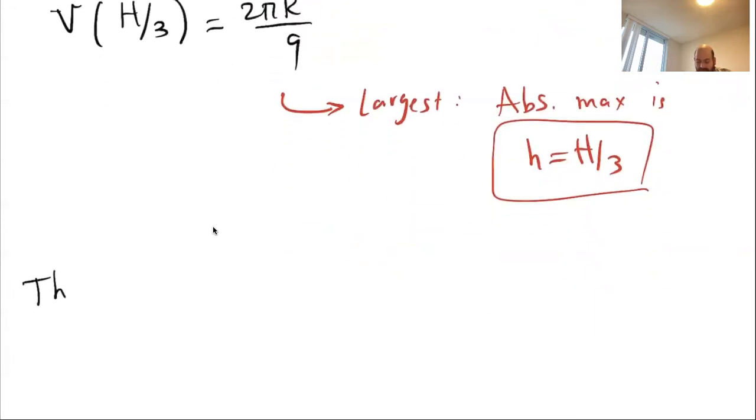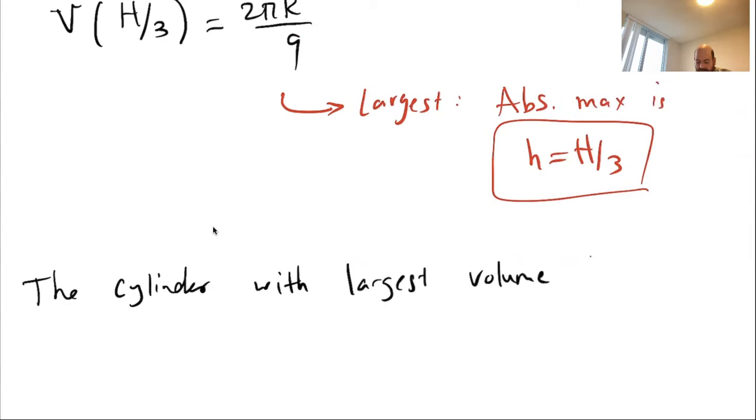So the cylinder with the largest volume has height equal to capital H over 3, 1/3 of the height of the whole cone.